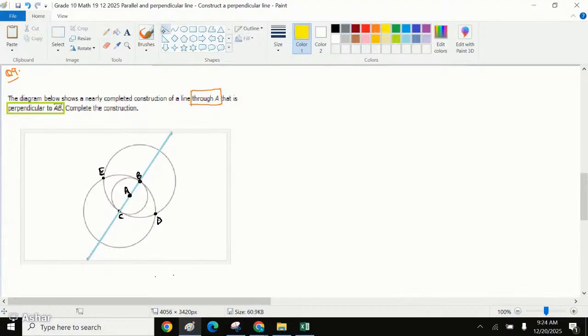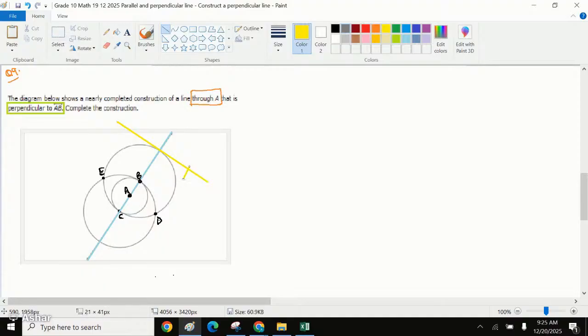If we draw a perpendicular, can I say this line is a perpendicular line to AB? If it's intersecting at right angles, it will be a perpendicular. But is it passing through the condition point given to us? Is it passing through the point A? No, it is still a perpendicular, but it is not passing through point A.